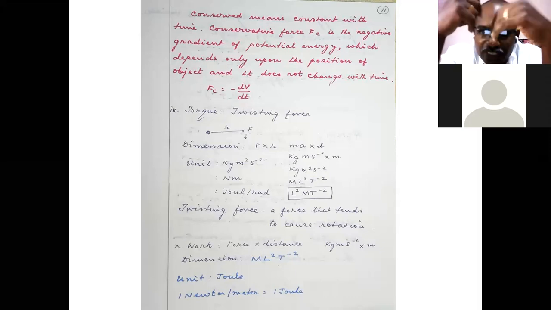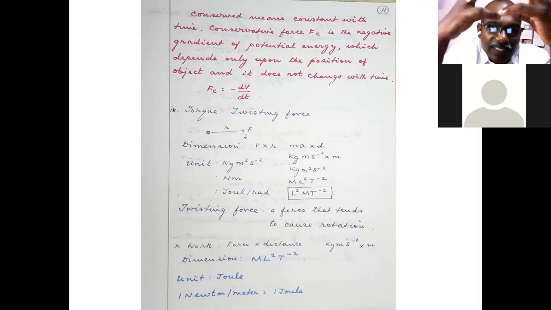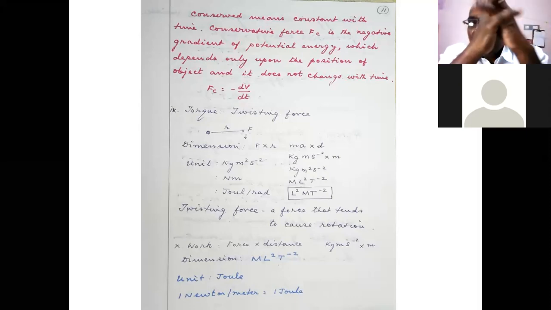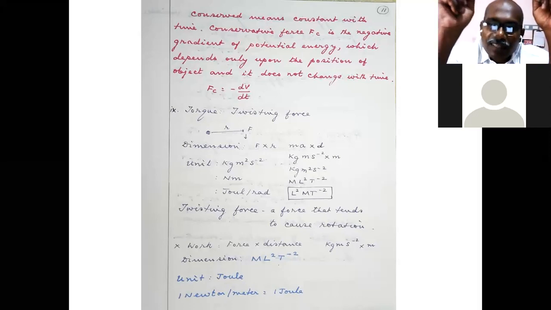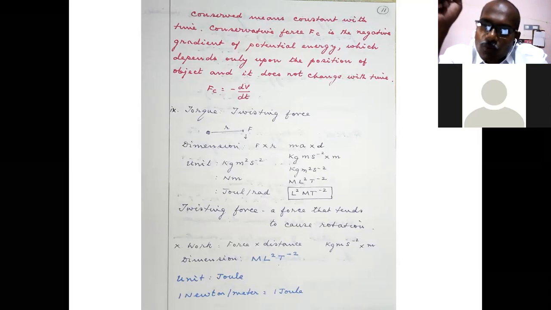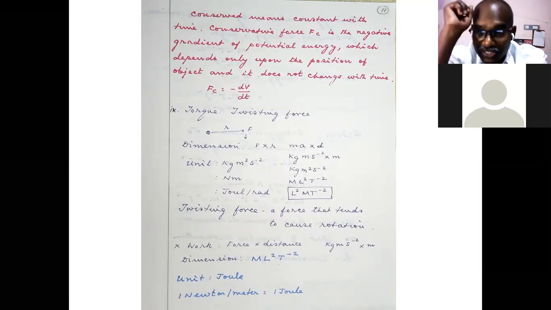When a body is falling down, there is a decrease in the potential, and that decrease in the potential is causing the acceleration. Acceleration due to gravity means there is a decrease in the potential, but the acceleration from the beginning till the end remains the same, 9.8 meter per second square. Therefore, velocity may increase, but acceleration remains constant, and hence the force remains constant because force is equal to mass times acceleration. If acceleration itself changes, then the force will change.